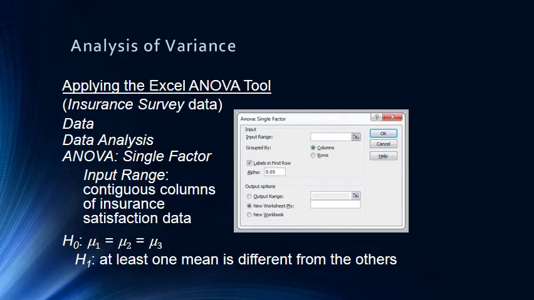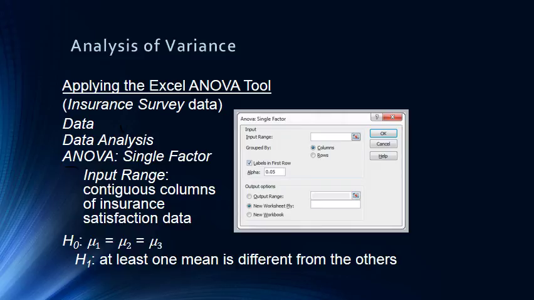The way we do that using the Excel ANOVA tool is you go to the Data tab, the Data Analysis Toolpak, and then you select ANOVA: Single Factor. You select your input range.